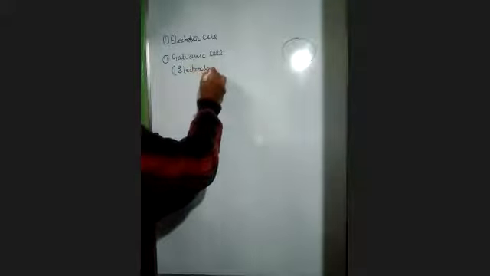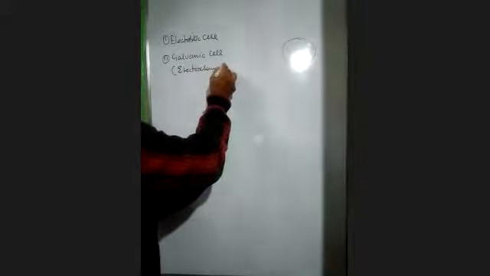But very interestingly, in your book, they have mentioned this as electrochemical cell. So I have some objection, but anyway, I have to follow your textbook. Both of them are actually electrochemical cells. Okay, so we'll write here.